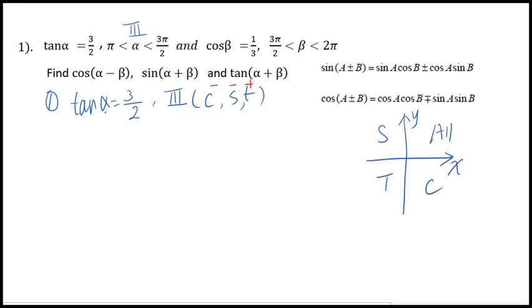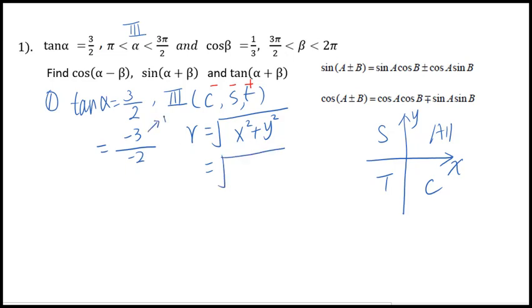Since tangent alpha equals sine alpha over cosine alpha, therefore you will have -3 over -2. You will figure out the r, that is x squared plus y squared. You will plug in. This will be y, here is x.